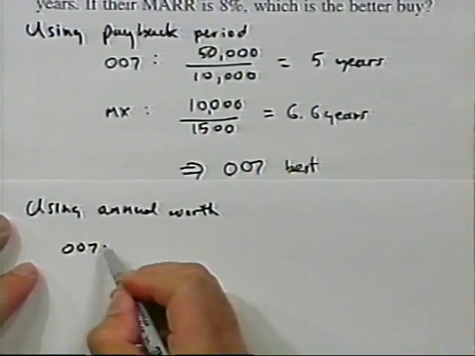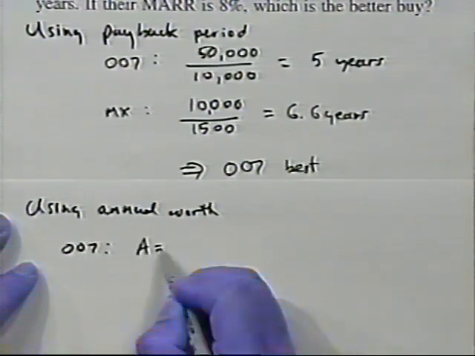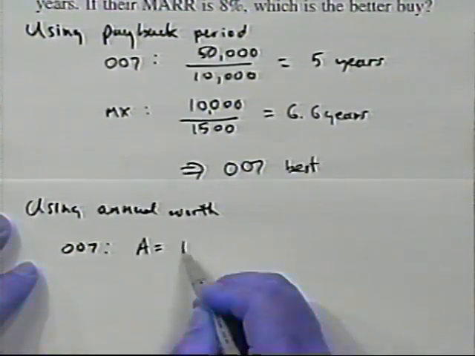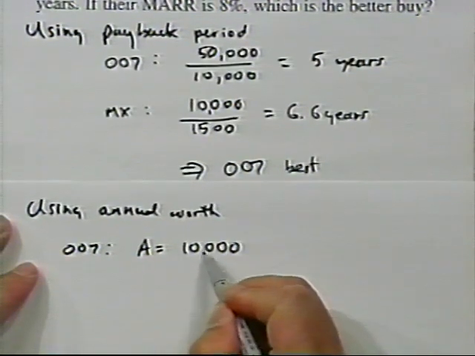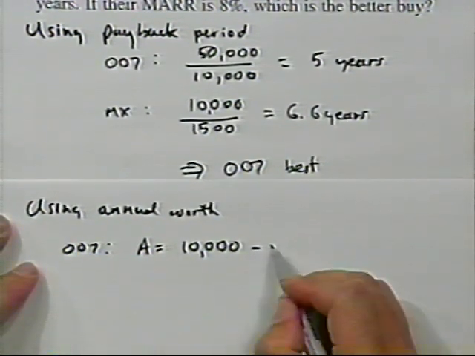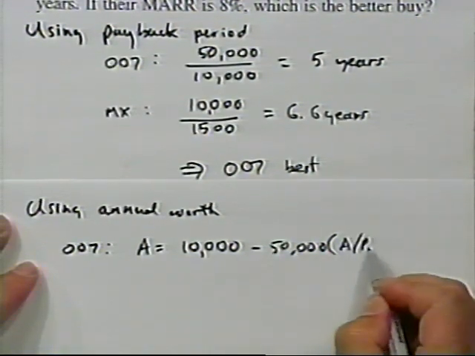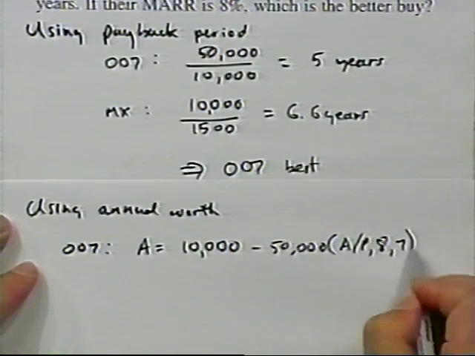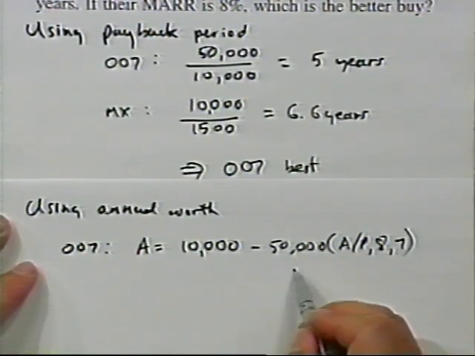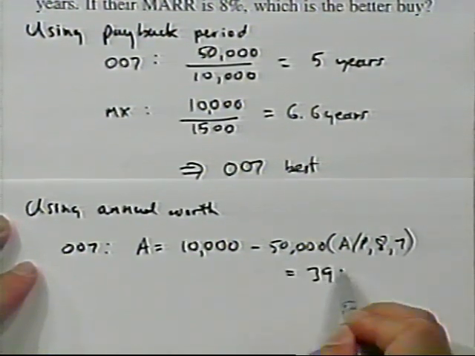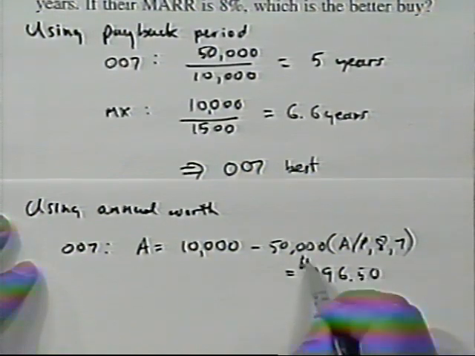For the 007, we've got the $10,000 savings per year minus the capital recovery of $50,000 spread over the 7-year life at 8% interest, which is $396.50.